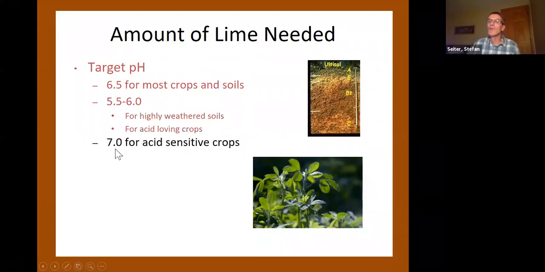For very sensitive crops, and I'll show you a list later of what those are, you would try to go higher than that. So garlic, you want to be at least at 6.5. That's a sensitive crop. Spinach, a little bit too. So it depends a little bit on what your target is.